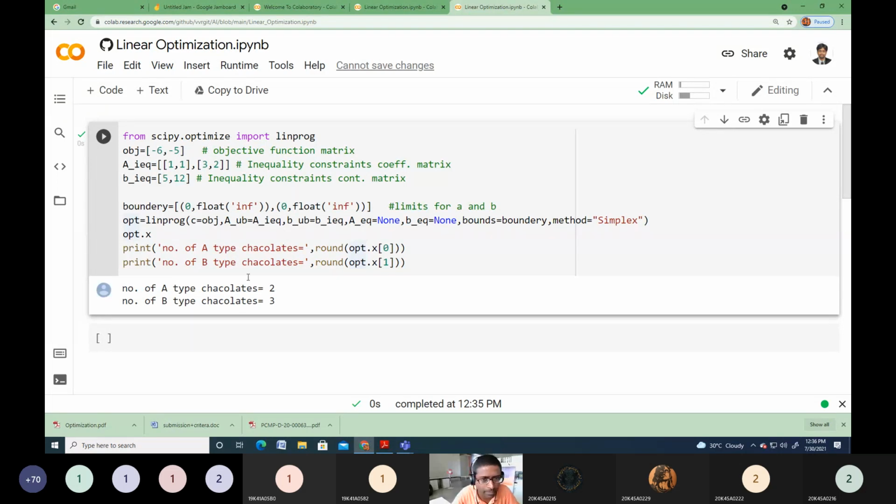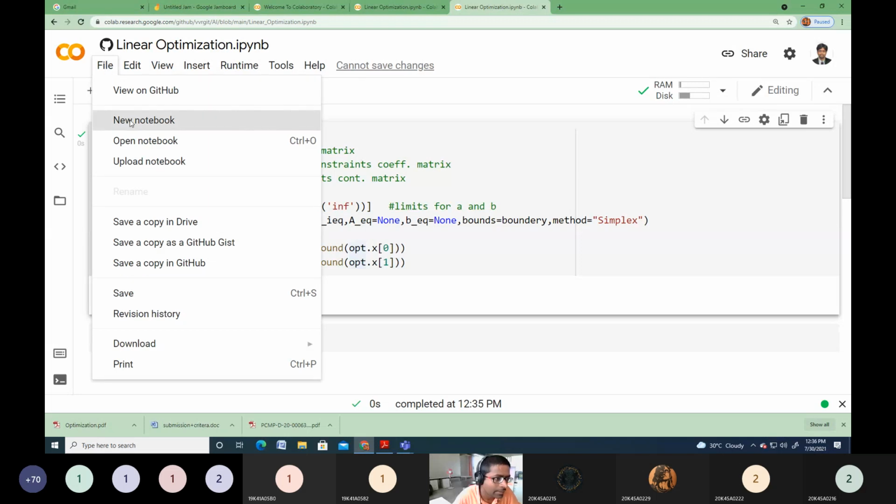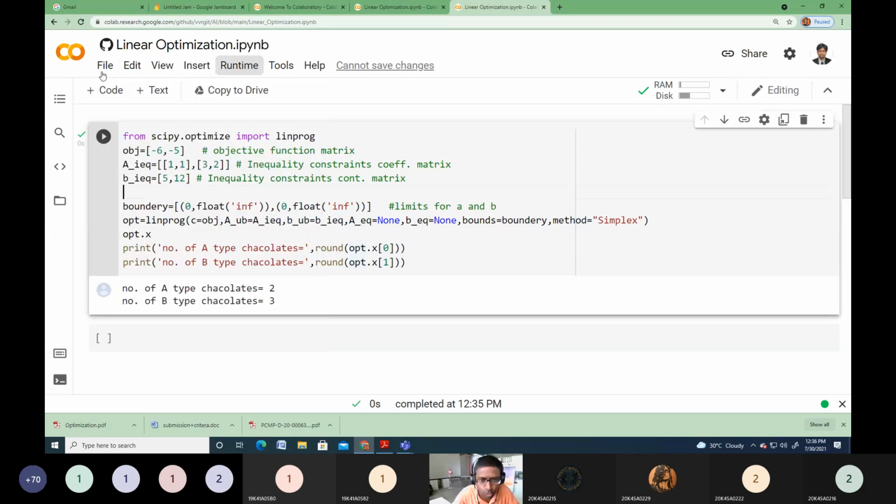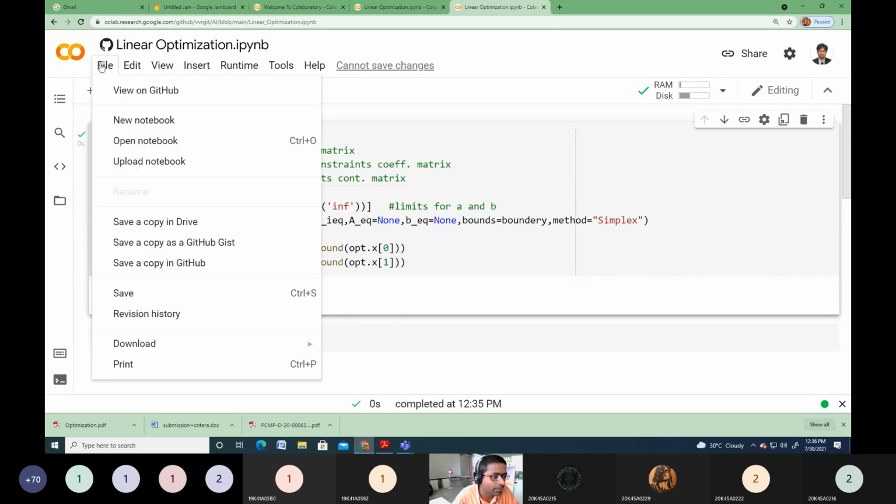Once it is open, go to File and click on New Notebook. Then a Jupyter notebook will be opened. In a cell, you can write your code and implement it. If you are satisfied and it is executed without any error and shows the correct answers, then you can push this complete code into your GitHub.